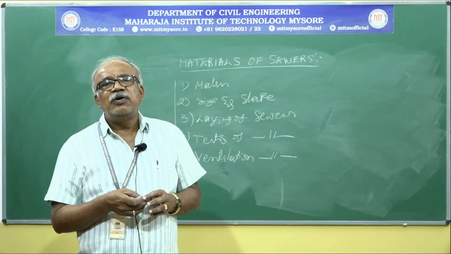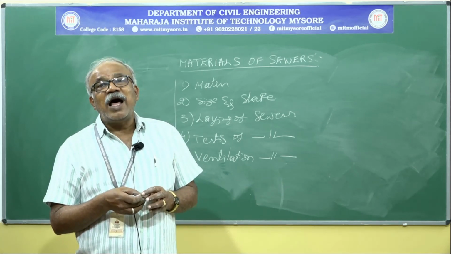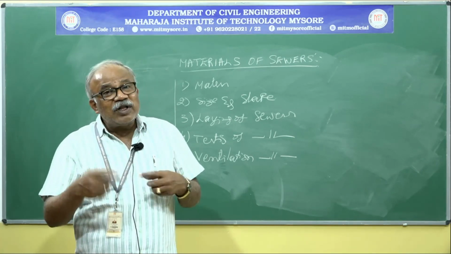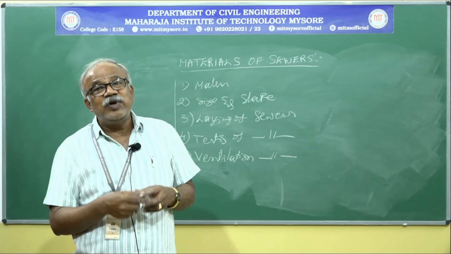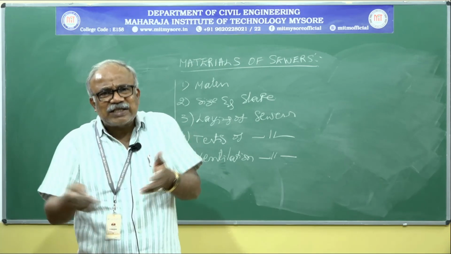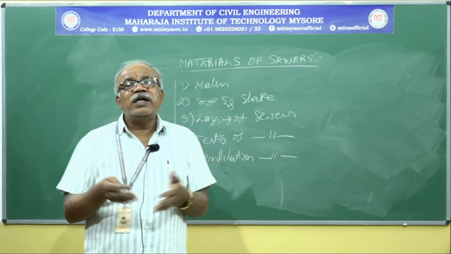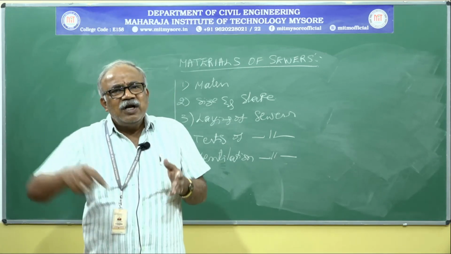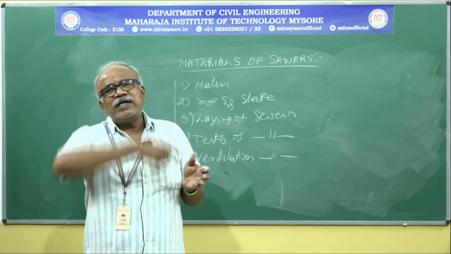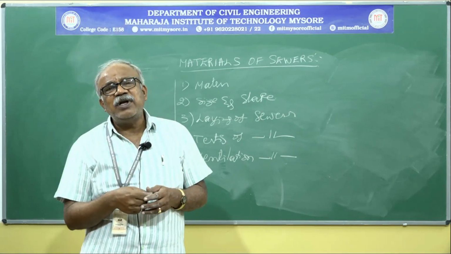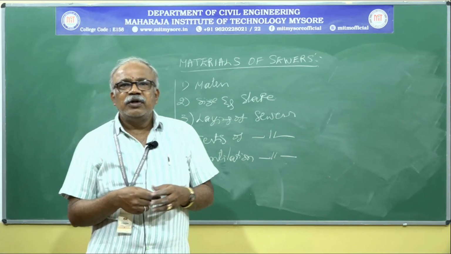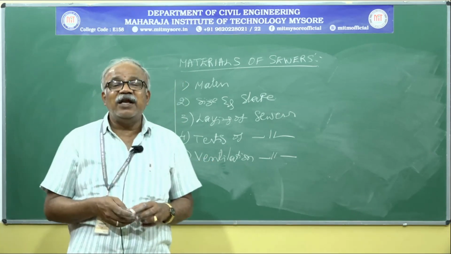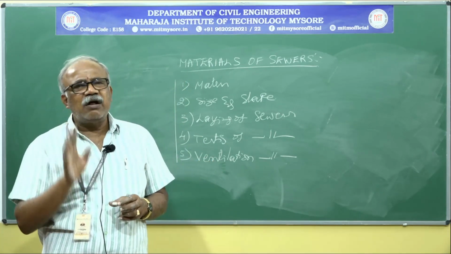Ventilation is also required so that whatever reactions take place while moving the wastewater, and whatever unwanted gases result, the best example being methane gas, can escape from that conduit. That's why ventilation is essentially needed. Are you clear or not?